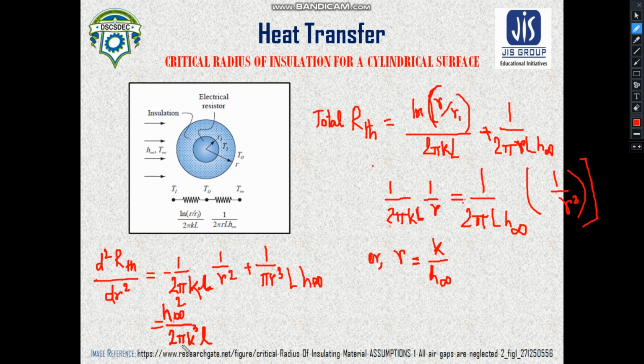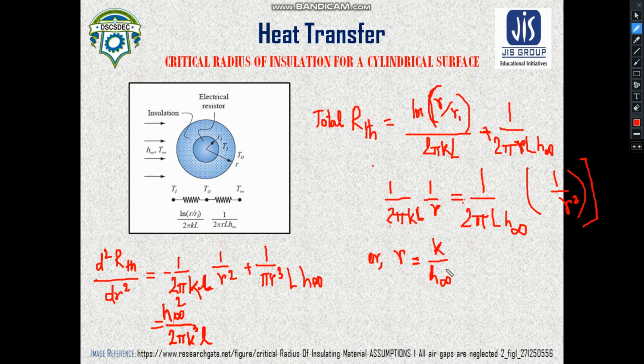Since this term is positive, then it means this is the minimum radius. Okay, so you know from the principles of maxima and minima that it is quite obvious that this gives the minimum radius. Okay, so this is your minimum radius, and this represents the condition for minimum resistance.